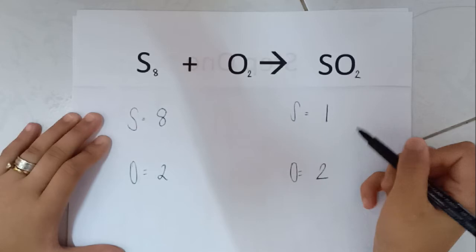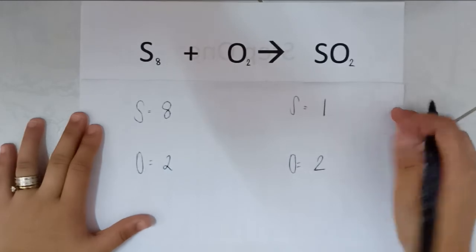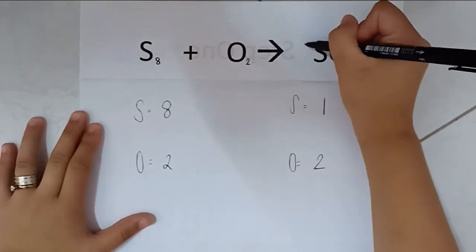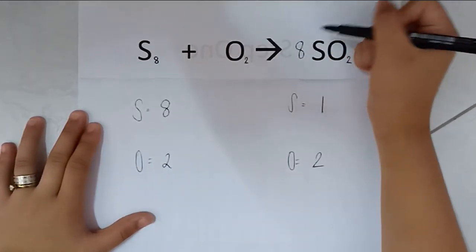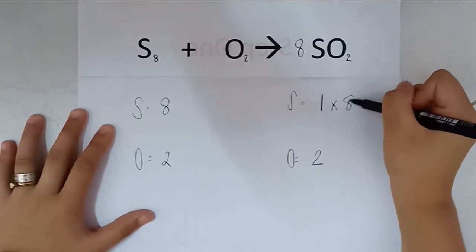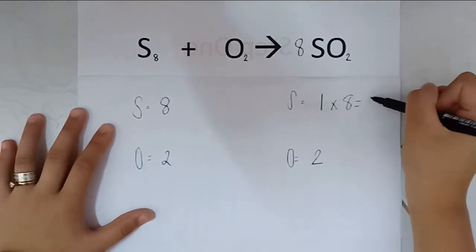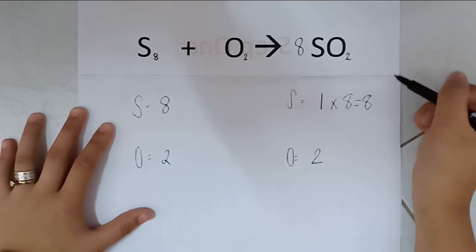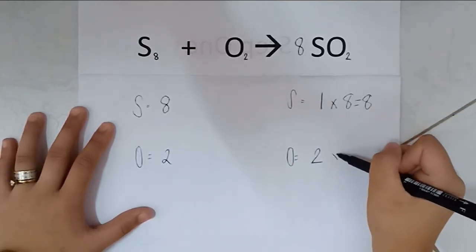But the sulfur atoms on the reactant side, we have 8 and only 1 on the right, the product side. So to fix that, we can change the coefficient and make that an 8. And if we put 8 here, that means 8 times 1 sulfur equals 8. And that makes the sulfur both 8 and equal on each side. But take note that this 8 here needs to be multiplied also on the oxygen.